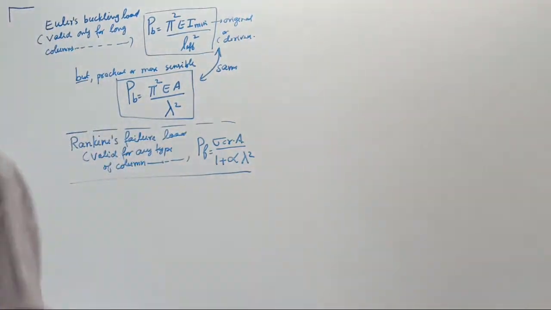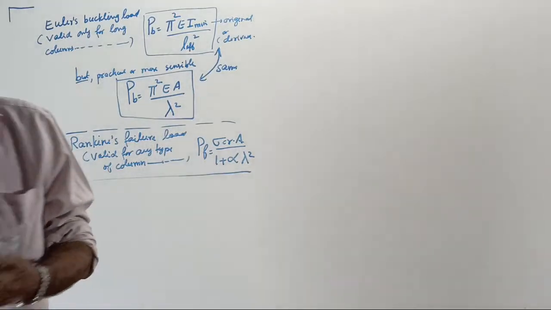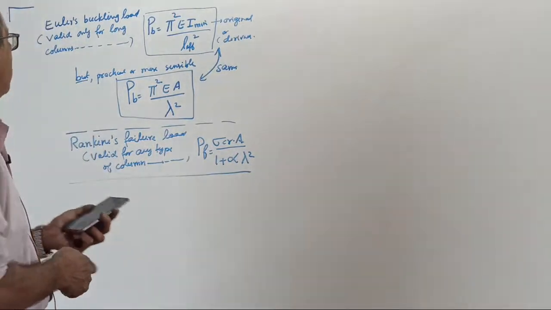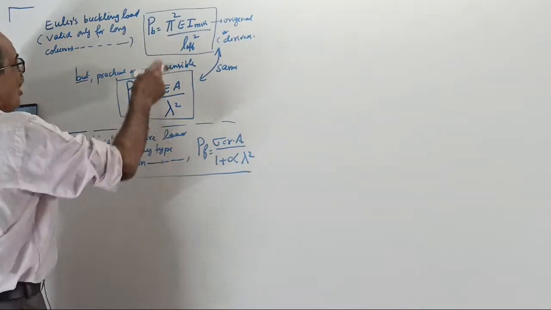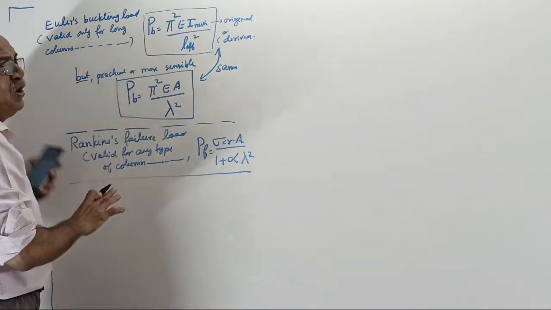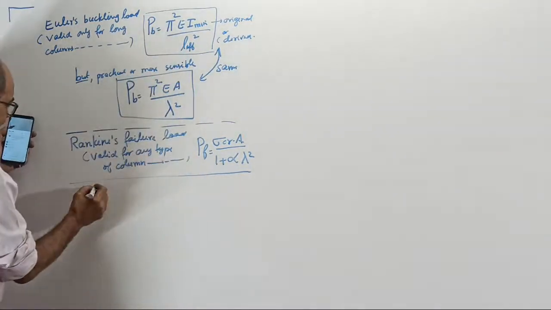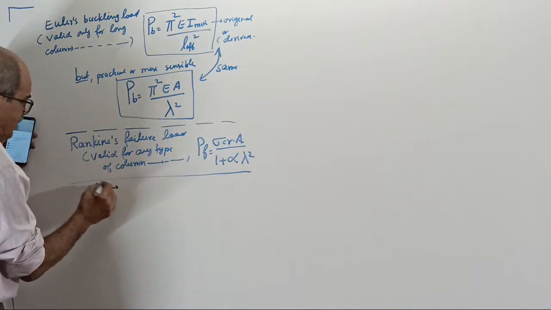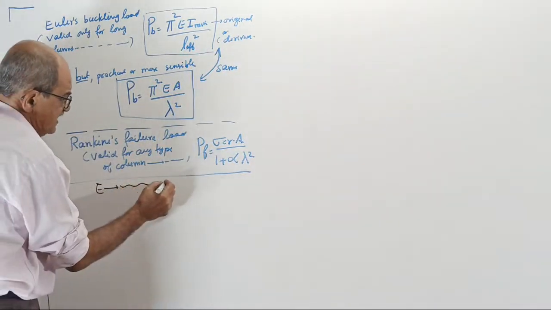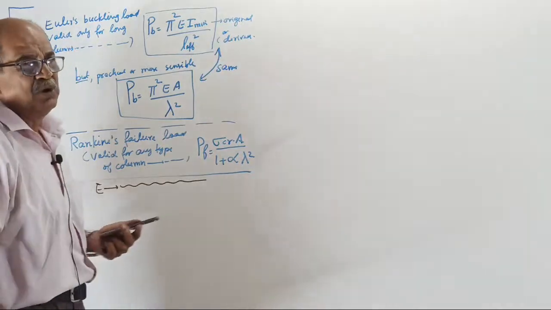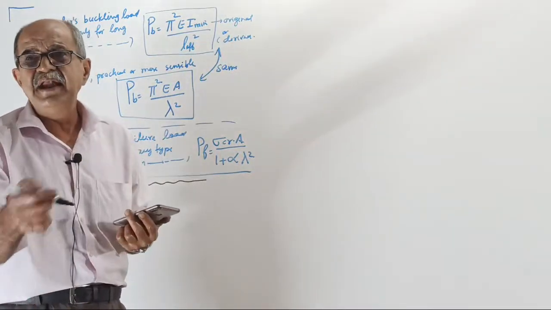Now, one minute. I will give a term by term explanation to understand. Pi is common for both; I don't have to explain. E, you should write, I have no time: modulus of elasticity of material. Someone will ask, sir, why not written? Write it if you want.